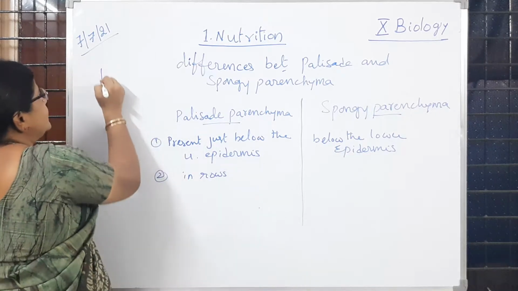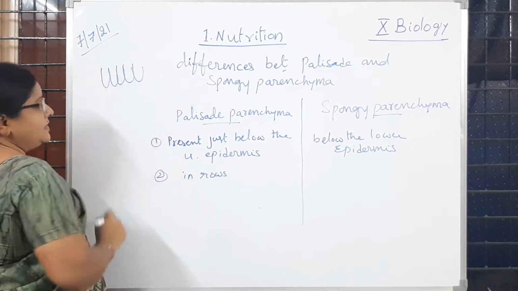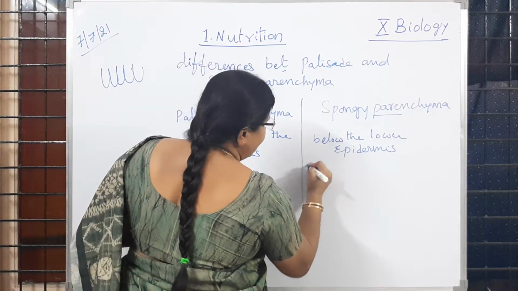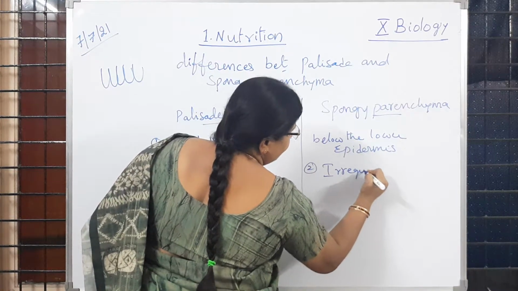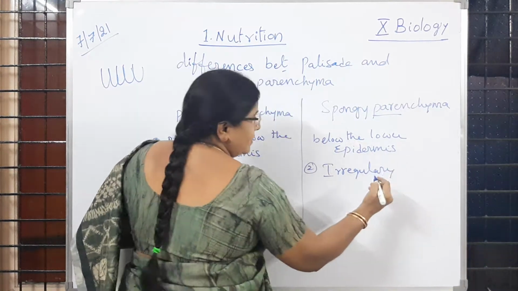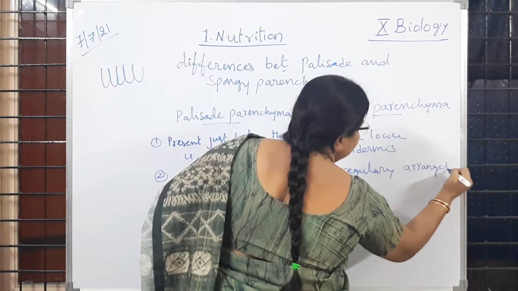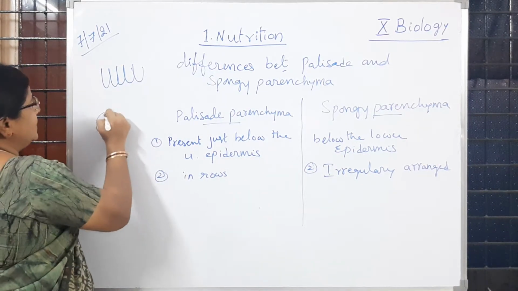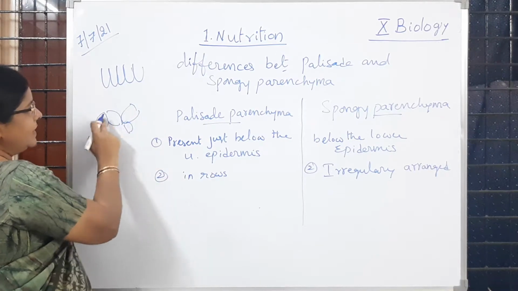Whereas in spongy parenchyma, the cells are irregularly arranged, not regular. You can observe here like this. Is it not, children? They are irregularly arranged.